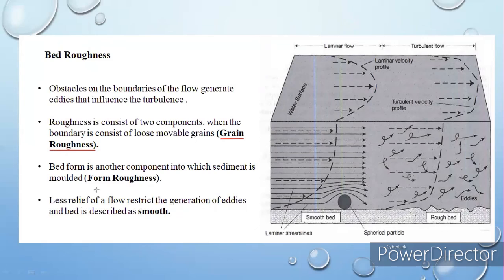On the other hand, bed forms are another component into which sediment is molded, and this is termed form roughness. And when less relief of a flow restricts the generation of eddies, the bed is described as smooth.